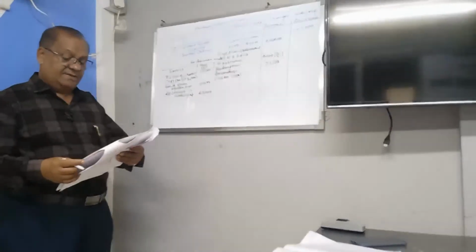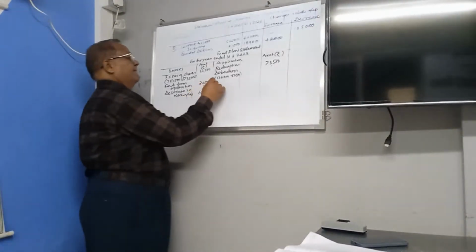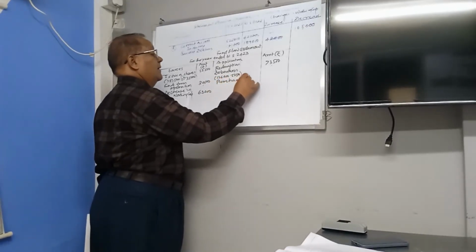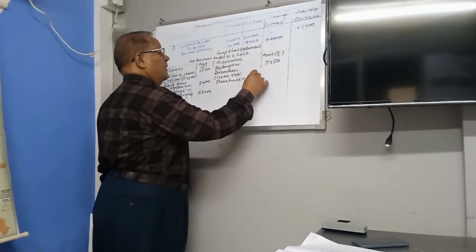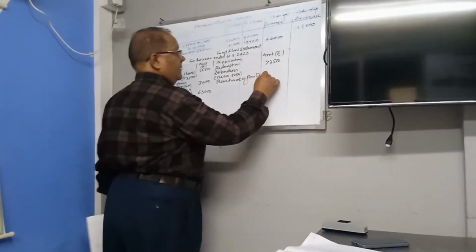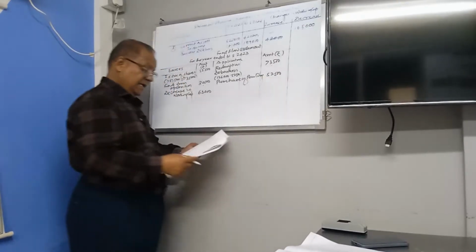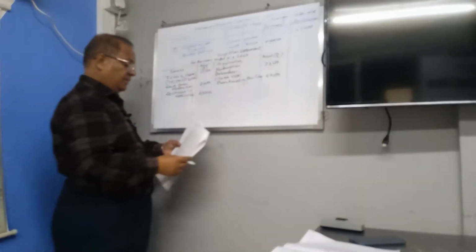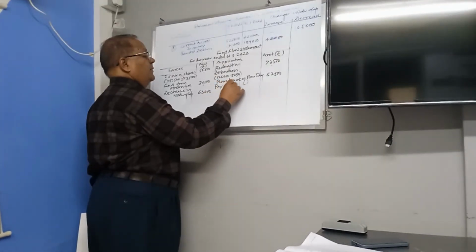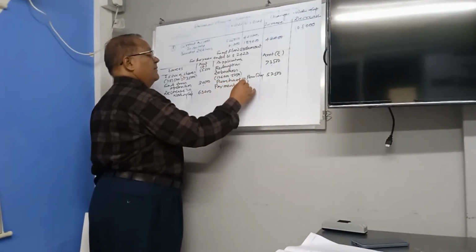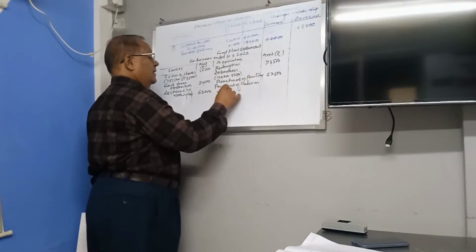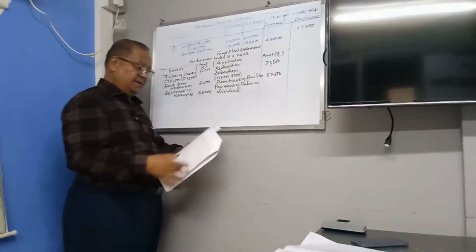Then another is purchase of building. Building is purchased for 52,500. And payment of interim dividend.